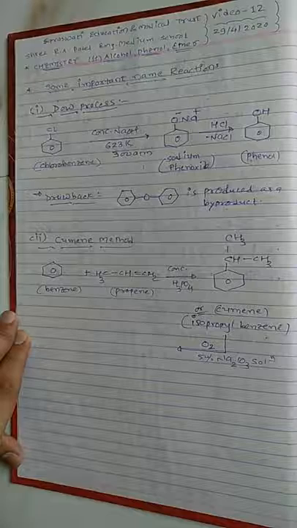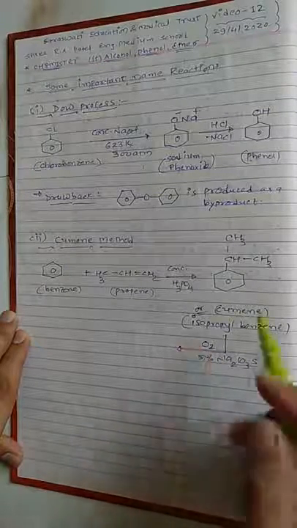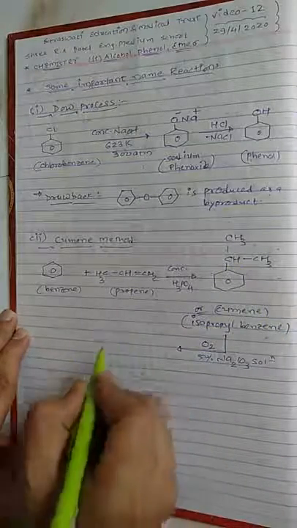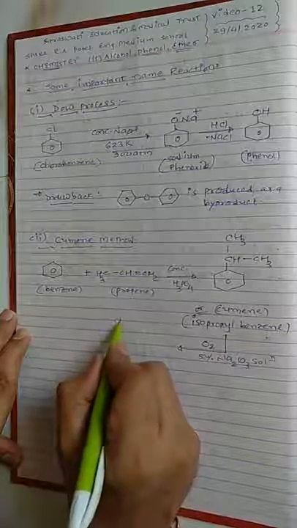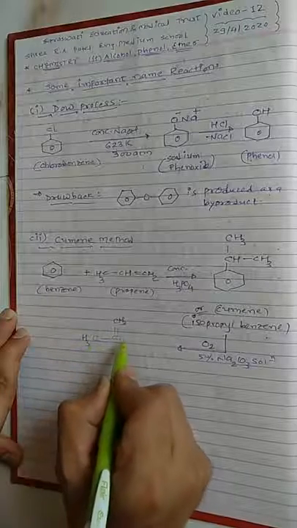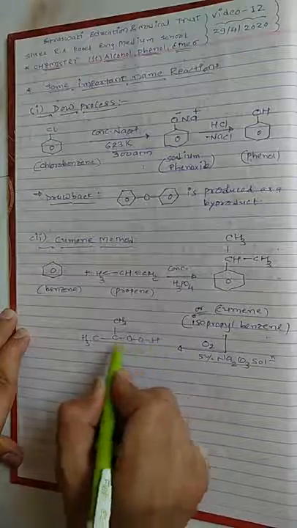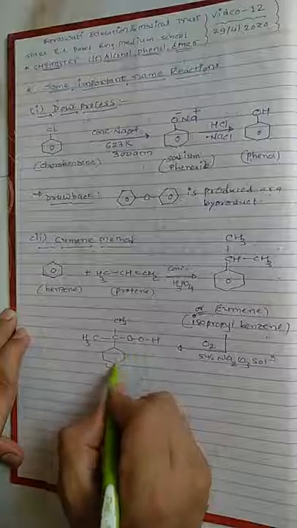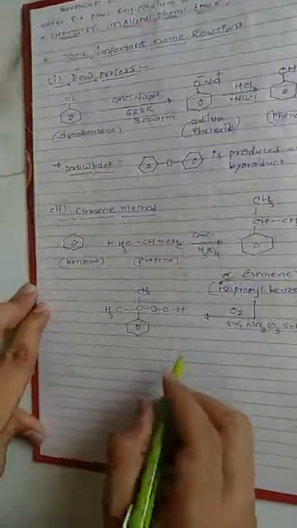O2 oxygen is in the form of a dimolecular compound. So this O2 is inserted between this carbon and hydrogen to form a peroxide compound, CH3 as it is, CH3 as it is. Two oxygen atoms are inserted like this between carbon and hydrogen. Benzene ring as it is. This is cumene peroxide.